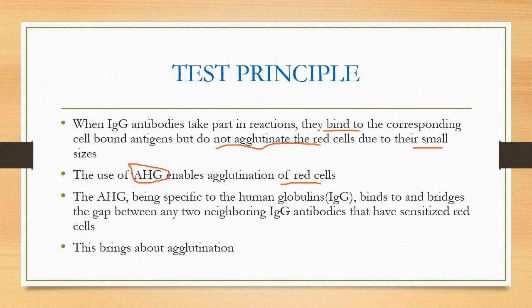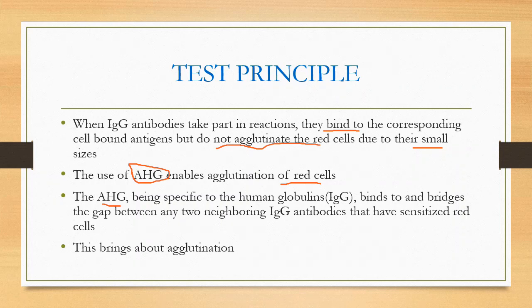Now this anti-human globulin becomes specific to the human globulins. So whenever it interacts with the human globulins, in this case our IgG, it will react with them because it's specific to them. The anti-human globulin binds to and bridges the gap between any two neighboring IgG antibodies that have sensitized the red blood cells.